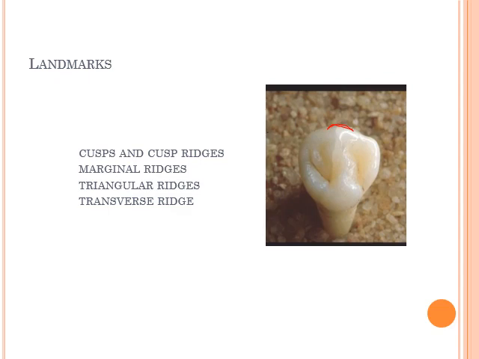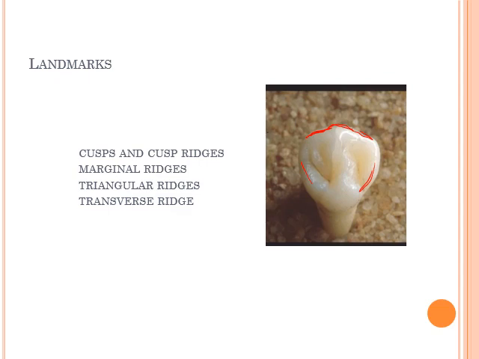Now a cusp ridge is what comes down from that cusp or borders it. On the mesial and distal surfaces of the occlusal portion of the tooth, we have what are called marginal ridges.